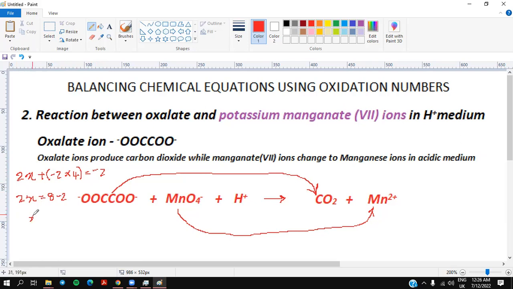You solve it to get x equal to plus 3. So the oxidation number of carbon is plus 3. And over there, the carbon oxidation number is plus 4. So the oxidation number goes from plus 3 to plus 4. It is oxidation.